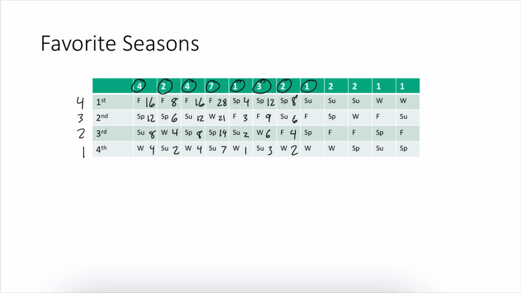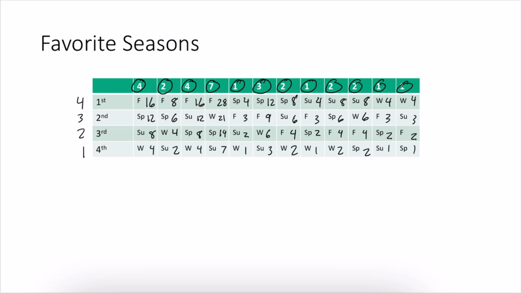This 1 vote will be 4, 3, 2, and 1. These 2 votes will be 8, 6, 4, and 2. Same thing here, 8, 6, 4, and 2. And then these 2 votes of 1 will be 4, 3, 2, 1, and 4, 3, 2, 1.